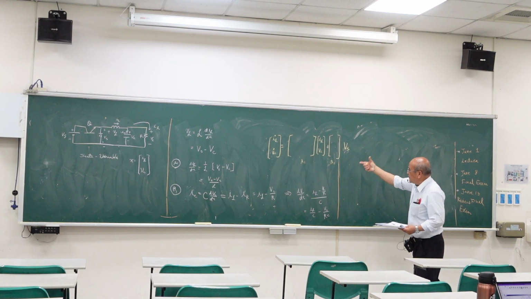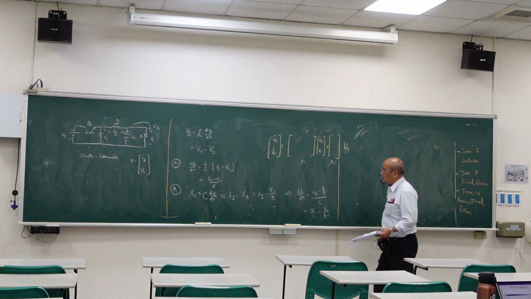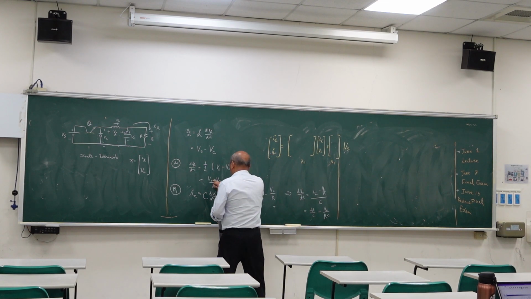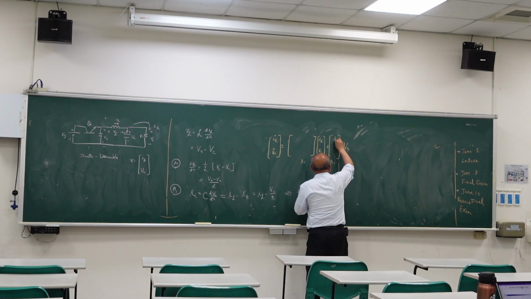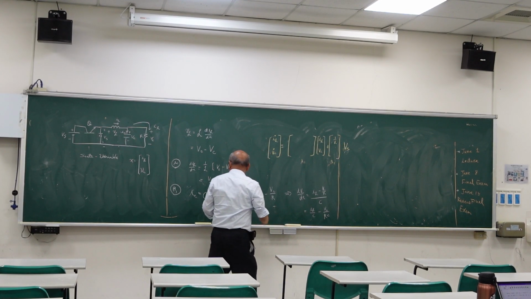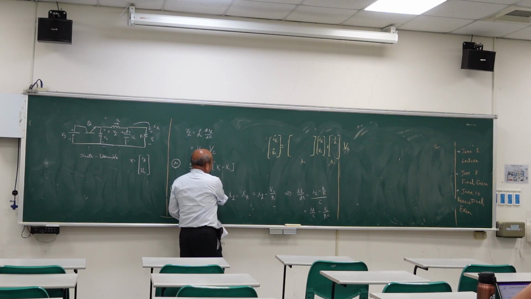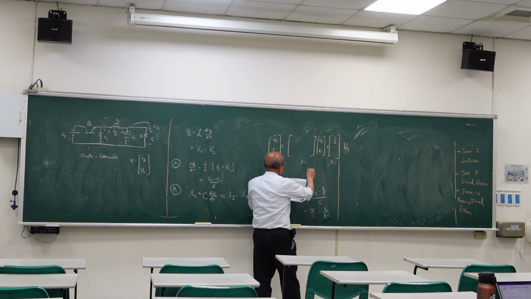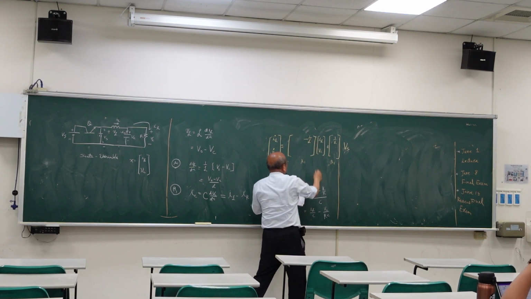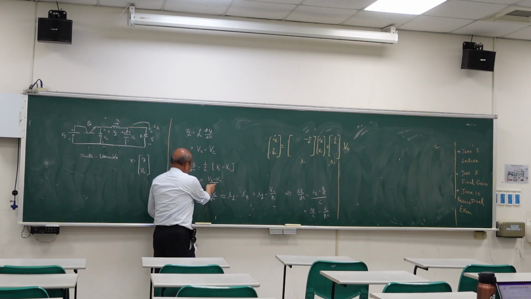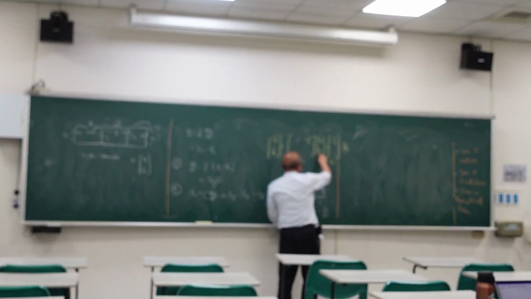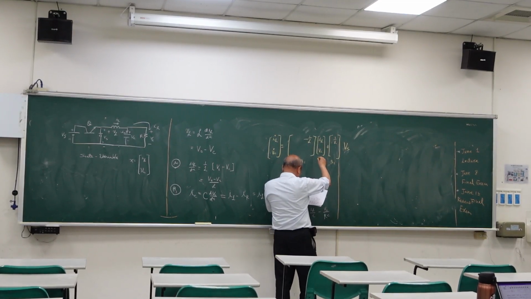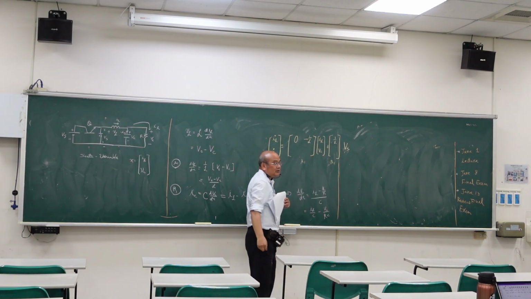Then how can we fill in A1? IL dot here is Vs divided by L minus Vc divided by L. The other part here should be 0, right?